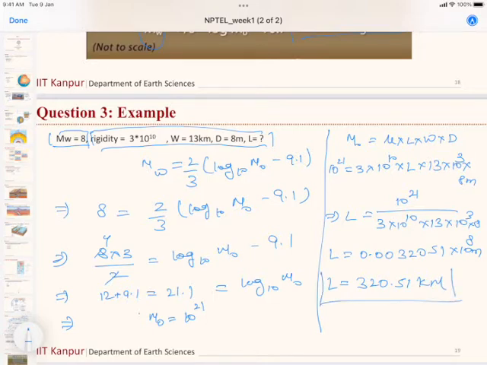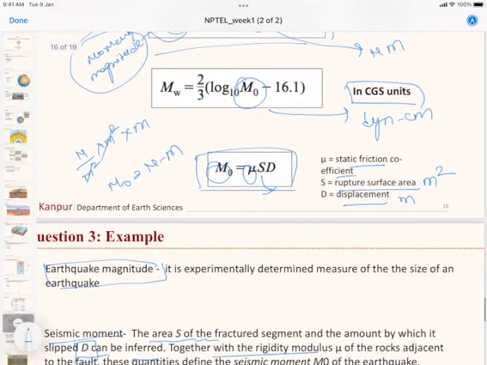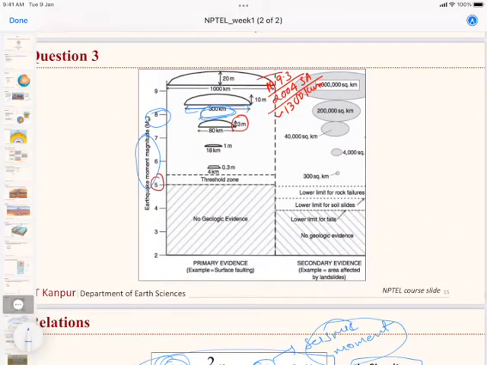So this is how that figure that you have seen came about, it is just an approximation of all these calculations that we have done just now.